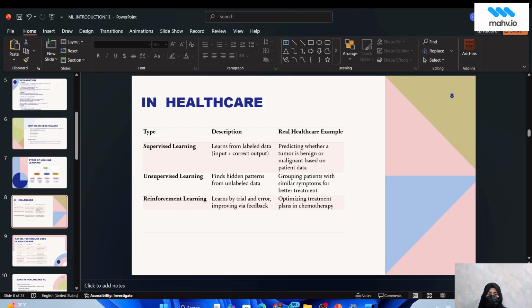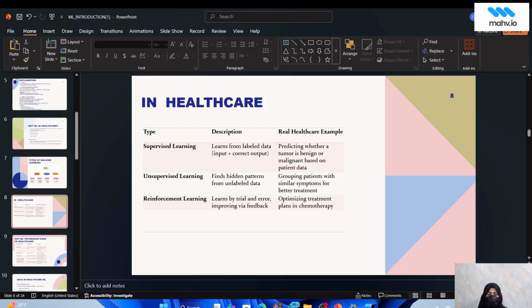Labels mean that benign or malignant is mentioned in your data: these are malignant tumor examples and these are benign tumor examples.